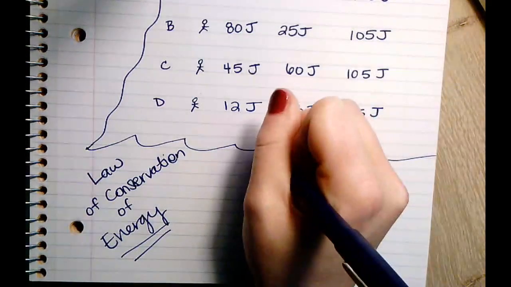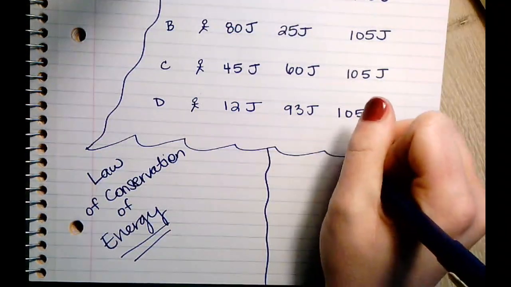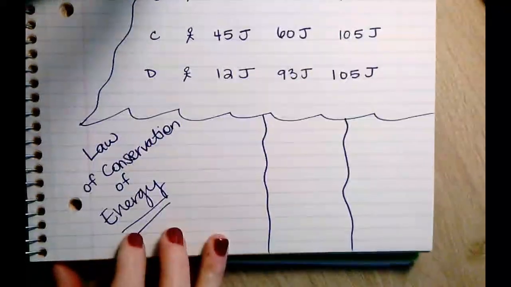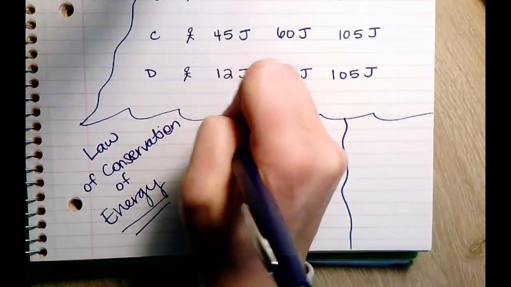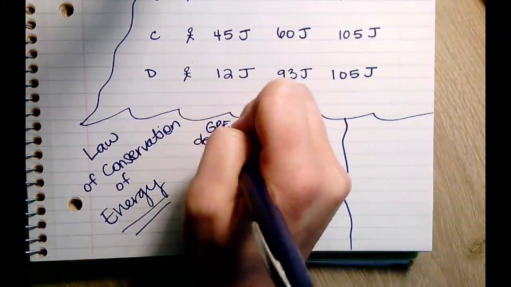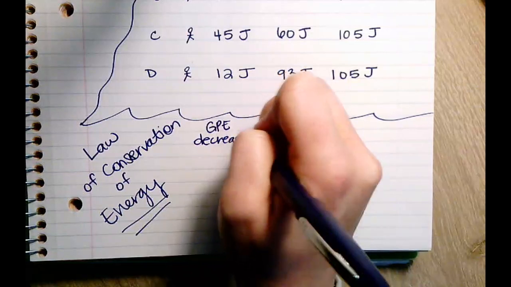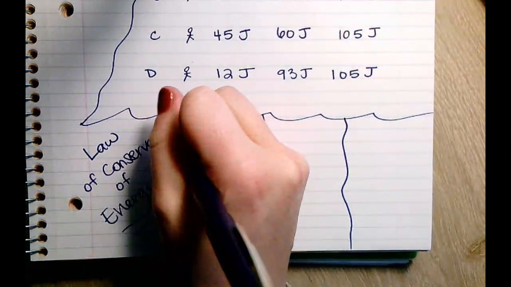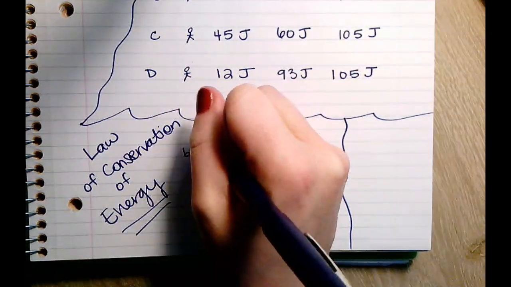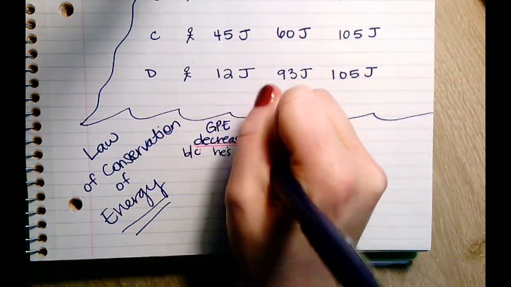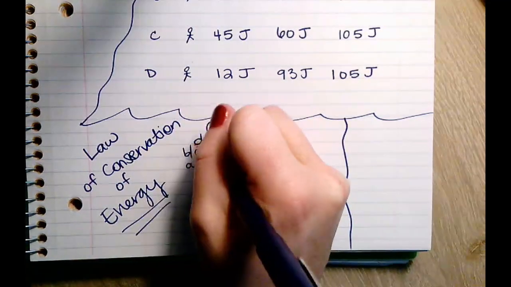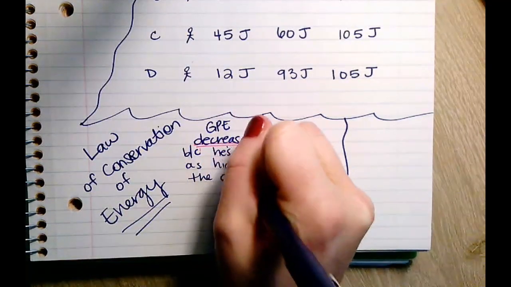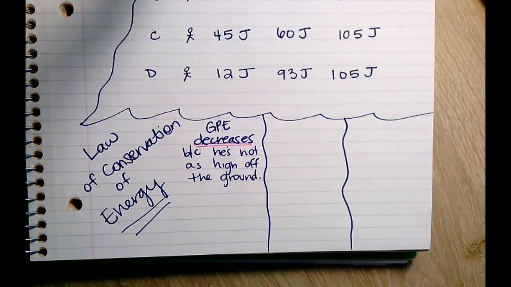The law of conservation of energy. So I'm going to go ahead and write three main ideas of what is happening. In the first column, when we're talking about GPE, our GPE is decreasing, because he's not as high off the ground. As he's falling, his GPE is going down.